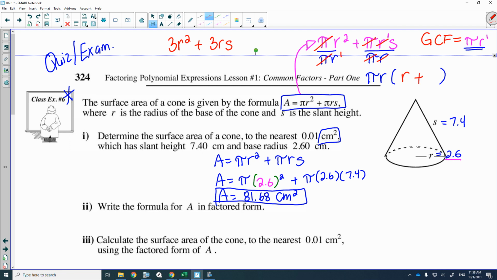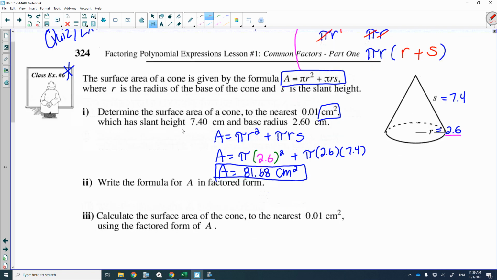R over r will cancel. What am I left with? S. So the area in factored form, which is what number 2 asks for, is area equals the GCF first, and then the second factor in the bracket, r plus s.